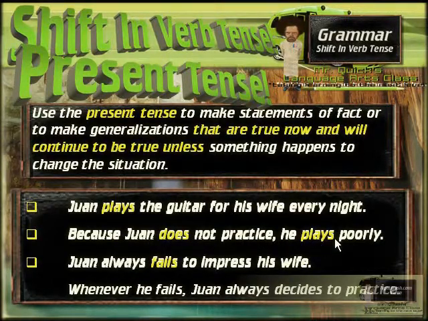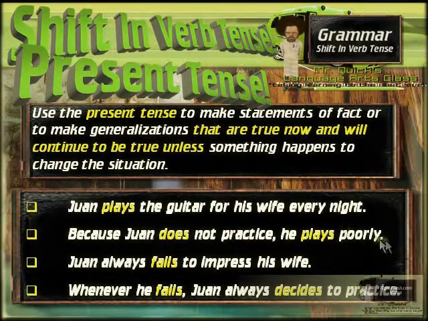Juan always fails, yes, and "whenever he failed," no, we don't have to say that. "Juan always decides," not "Juan always decided." It's okay the way it is because we're showing an order here, and nothing has happened that is going to cause us to have to change the tense. So we definitely can use the tenses in that way.